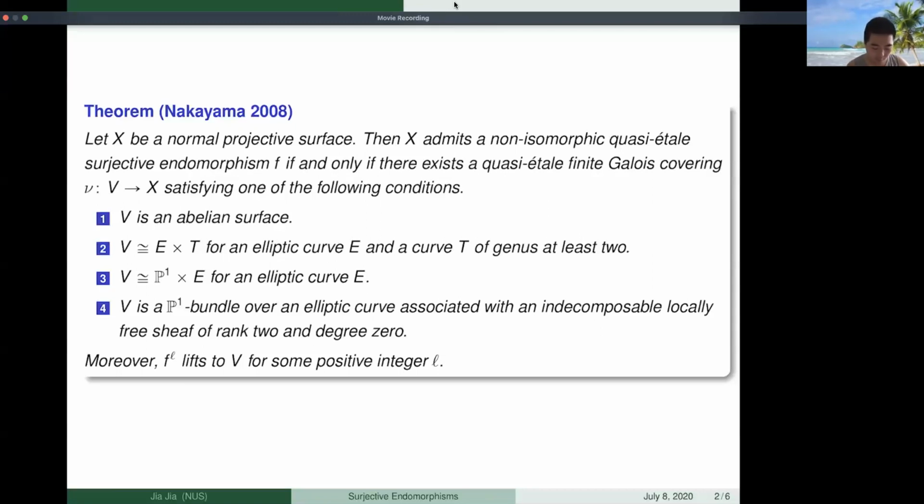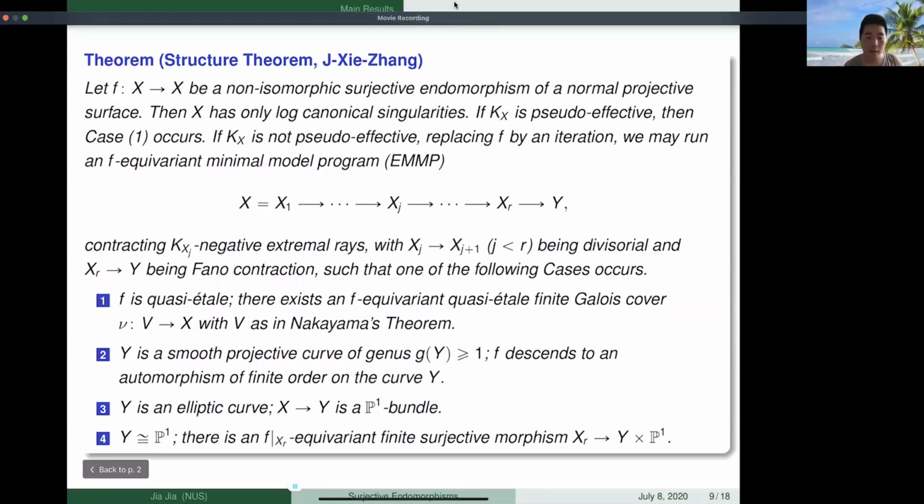The second case is this Y is a smooth projective curve of genus greater or equal than 1. Also, this f descends to an automorphism of finite order on this Y. Case 3 is Y is an elliptic curve, and X to Y is a P1 bundle.